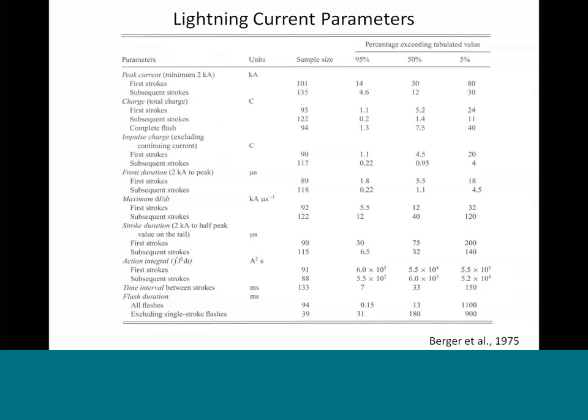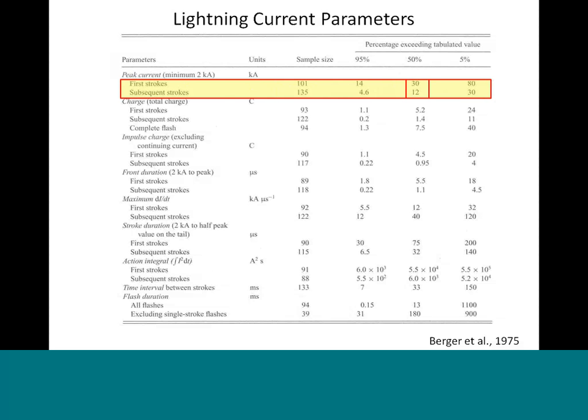Here is, again, one of the most important characterizations of lightning currents, due to Berger et al. And as I mentioned earlier, it is one of the most important sources. For example, for first and subsequent return stroke peak currents, on average, the first return stroke peak current is on the order of 30 kiloamps and the subsequent one 12 kiloamps. So we can say that first return stroke currents are 3 times larger than those of subsequent return strokes.